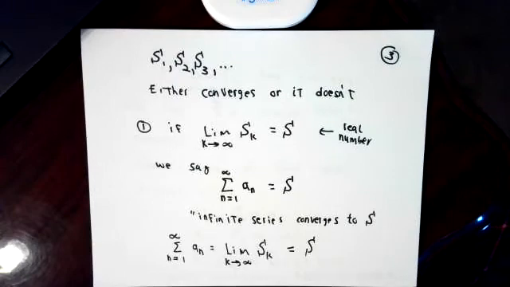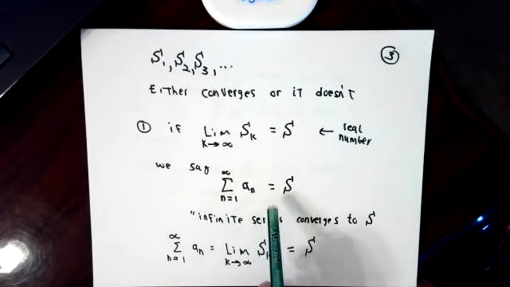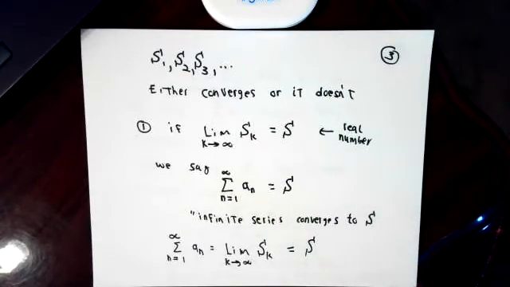If that happens, then we're going to say that the sum from n equals 1 to infinity of a sub n is equal to this S. We'll call the sum an infinite series. We'll say that it converges to S if this happens.